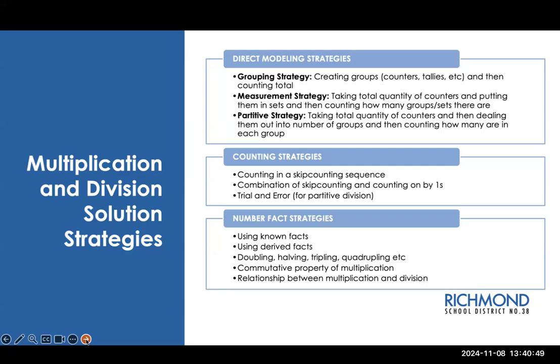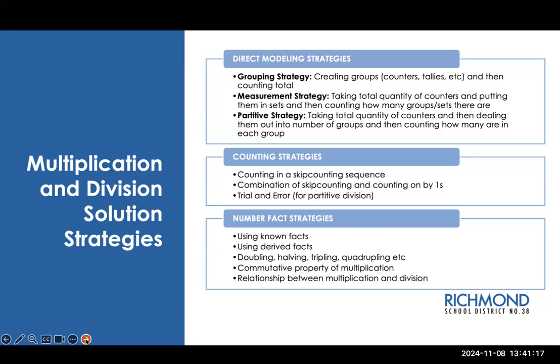That is a grouping strategy. Same with measuring: taking the total number of counters, that's known, and then putting them in sets, in groups of 3 for that particular cookie problem. Partitive, again, is like dealing them out, and again, it's done with concrete materials or with tally marks or some other sort of diagramming that students might do. It's modeling the context and the actions in the problem.